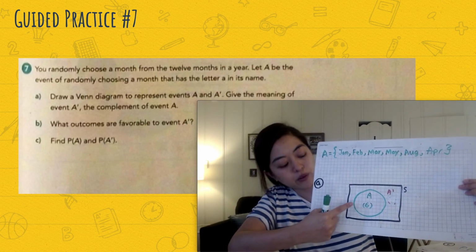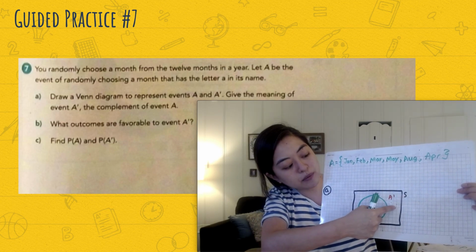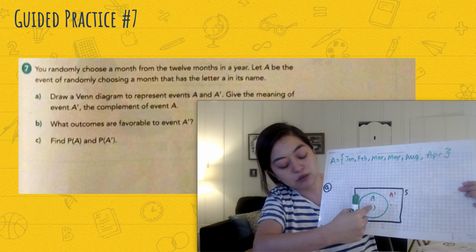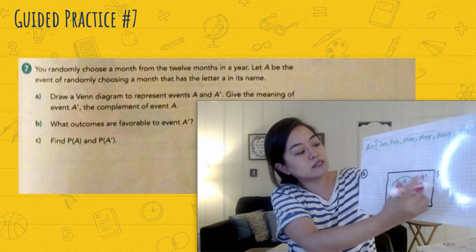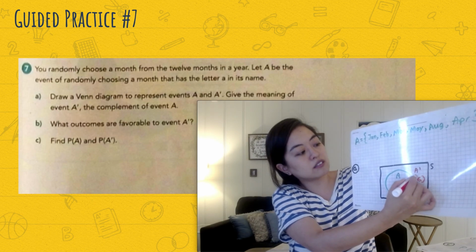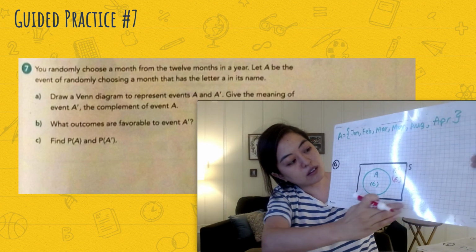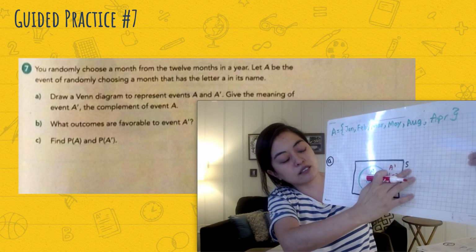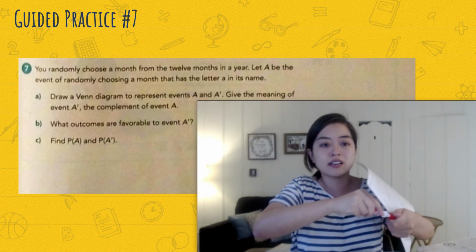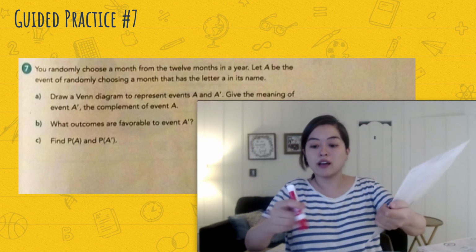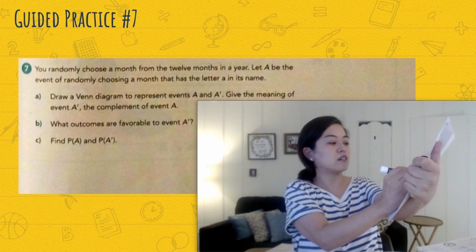And so I wrote it here as A. And then the complement of A are the number of months that do not have the letter A. That should be 6 because there's 12 months in a year. So I'm gonna write 6 like this. And my sample space is in a rectangle and I denoted it as an S. The size of my sample space is actually 12, right?